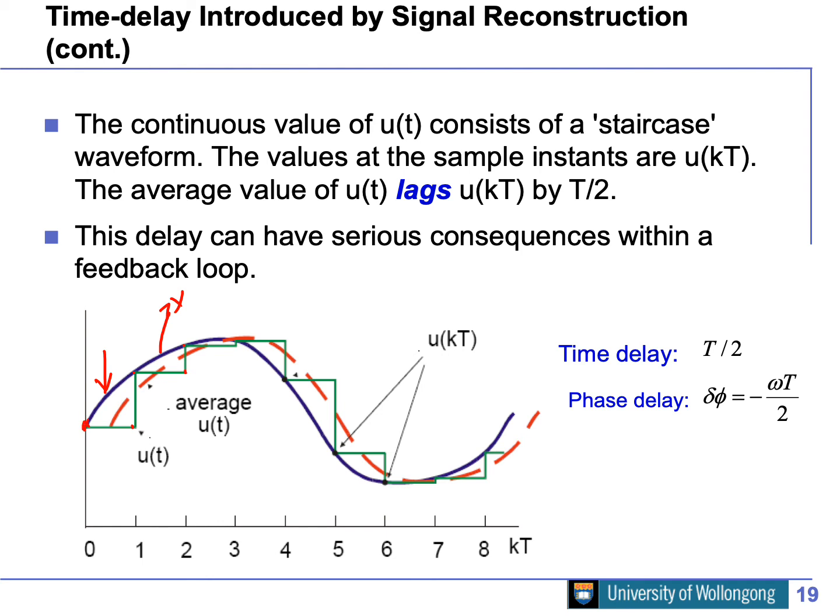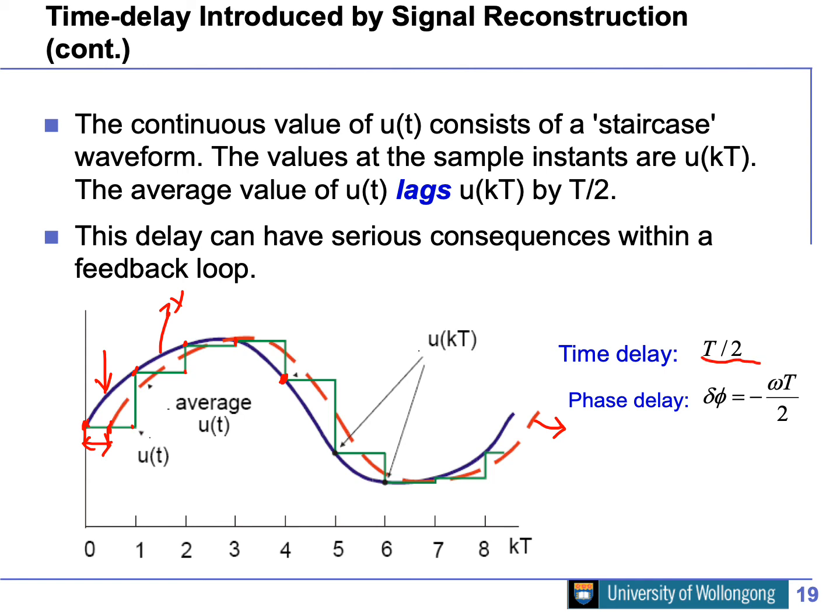We have this digital signal instance, where we hopefully wanted to get this blue one. However, using the zero order hold, what we get on average is this red one. You can see at every instant the difference between what we expect, the blue one, and the red one is half of the sampling time.